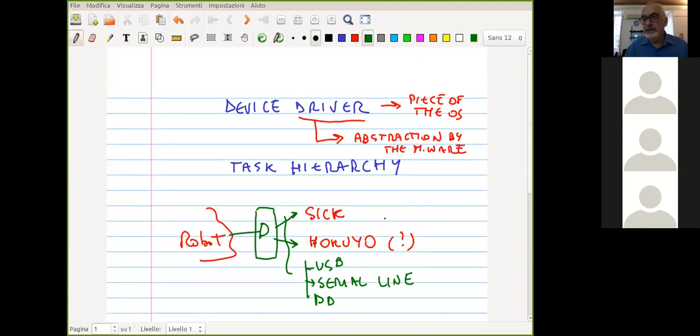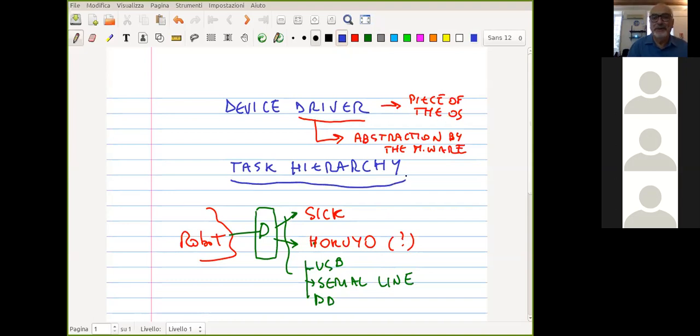And you do that either because the middleware gives you a primitive for designing a driver, or you do it by writing the proper code.